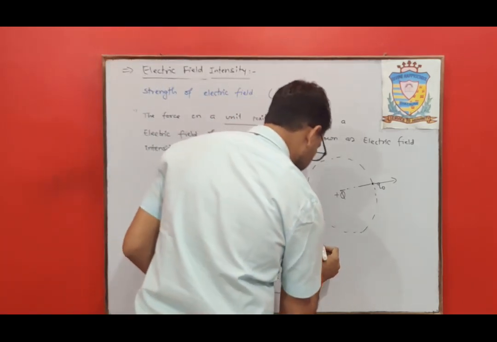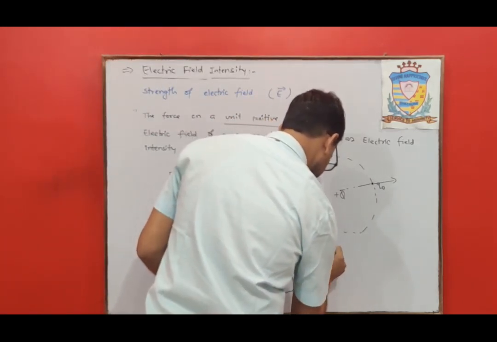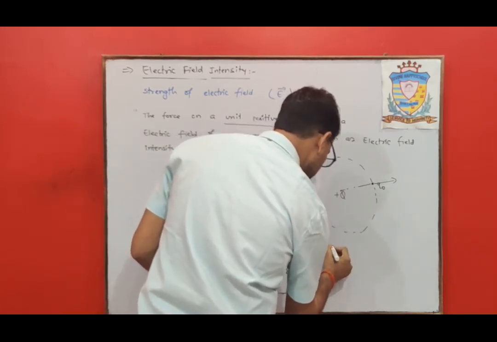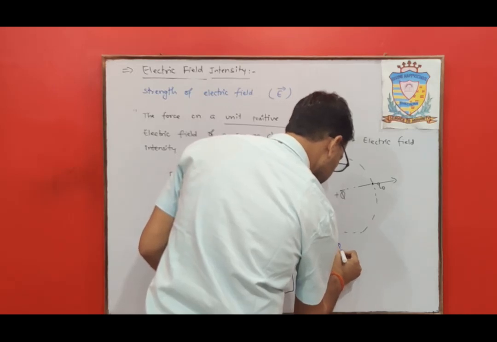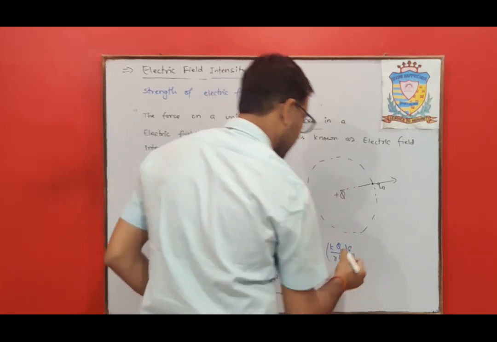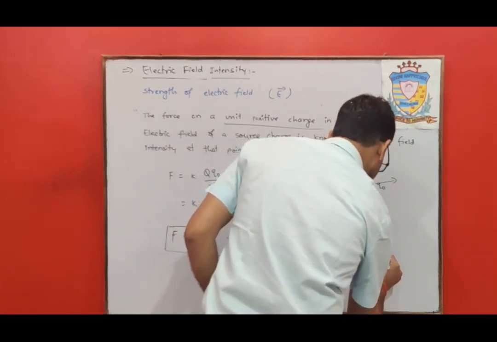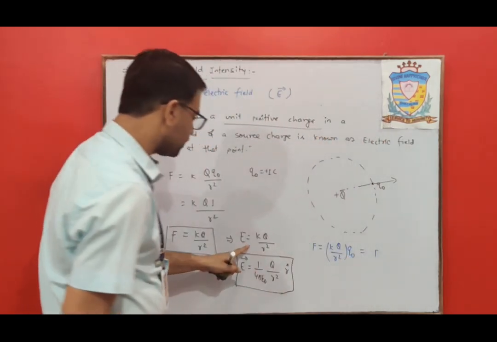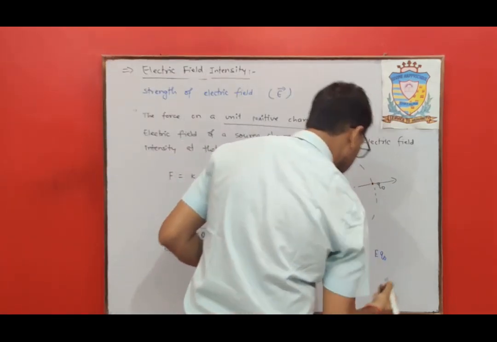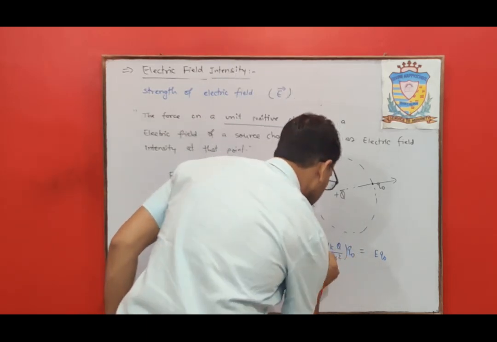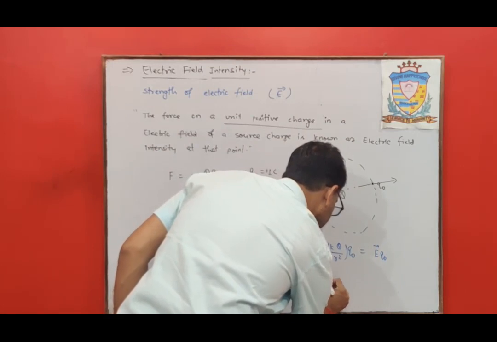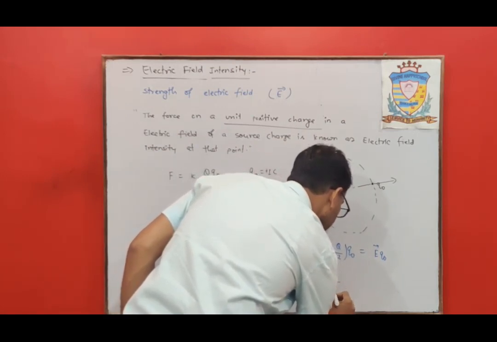So F is equal to KQ upon R square into Q naught, and KQ upon R square can be written as E. So F is E into Q naught, with a vector sign over here. So E can be written as F upon Q naught.